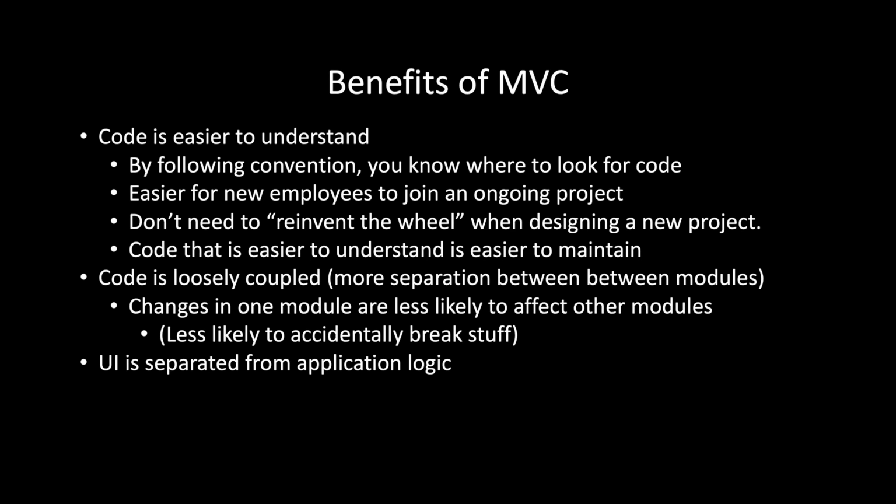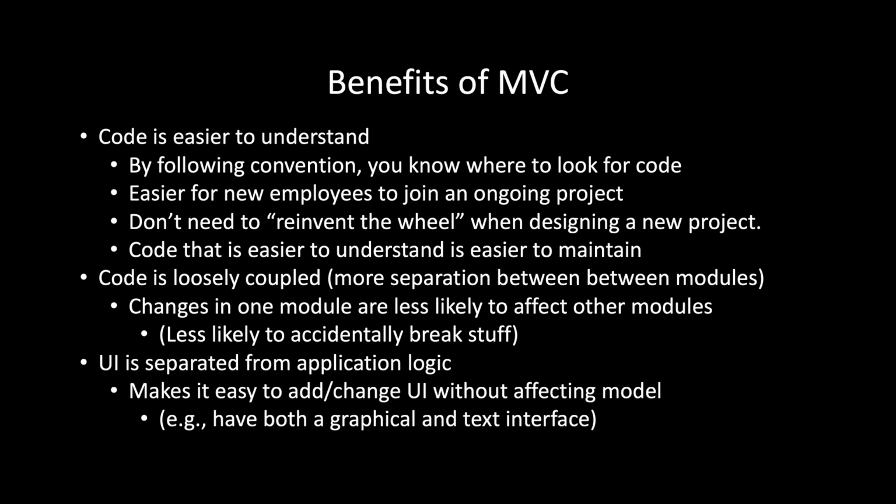So in addition to just the general benefits of loose coupling, it makes it easier to change the look and feel of your application without having to dig into the model. And there's a couple of ways that looks. One are just simple updates, making something look fresh when the marketing team gets bored.